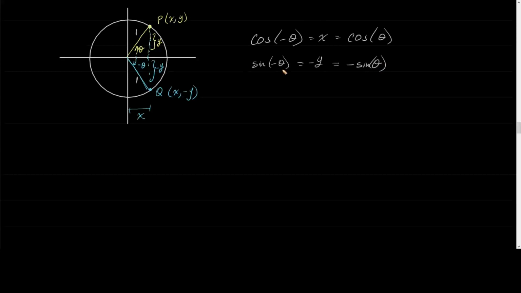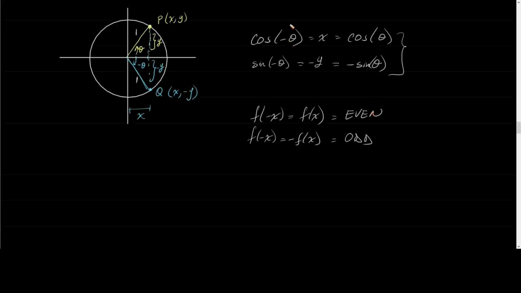So what does this show? Well, let me remind you of something. If I have f of negative x equals f of x, that was an even function. If I had f of negative x being negative f of x, that was an odd function. And that's exactly what's happening here.